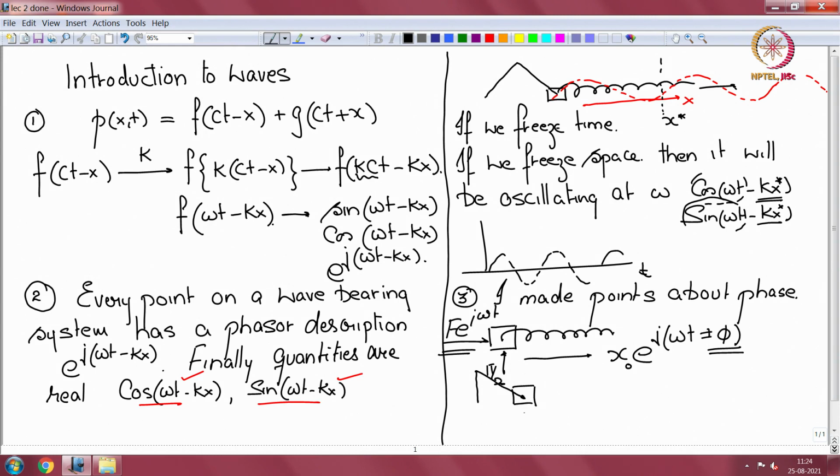So I decided to give this mass also a phase of pi by 2, plus pi by 2, so that every next point will have a phase related to the starting mass. These are the points I wanted to make.